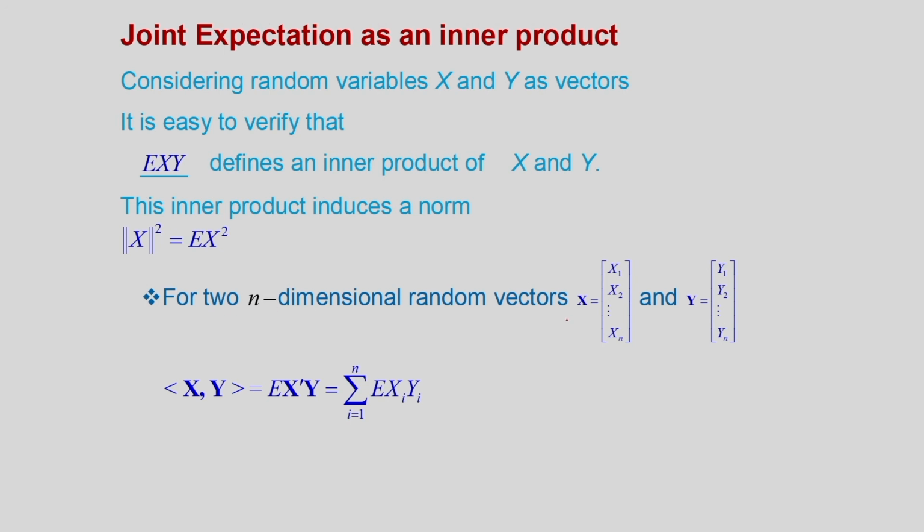Similarly, for two random vectors x and y, we can define the inner product as E of x transpose y. x transpose y will convert these two vectors into a scalar, and when we take the expectation of this scalar, we get the inner product. So, we have defined inner product.